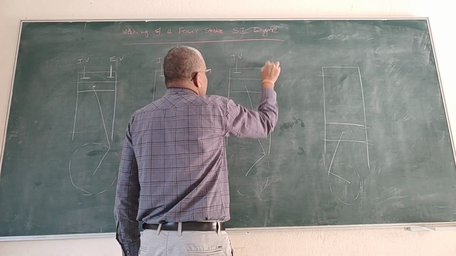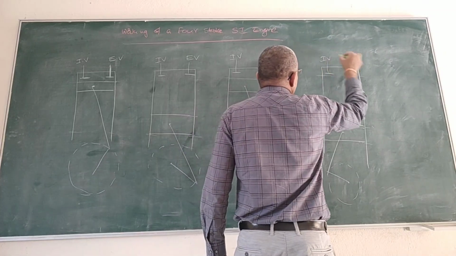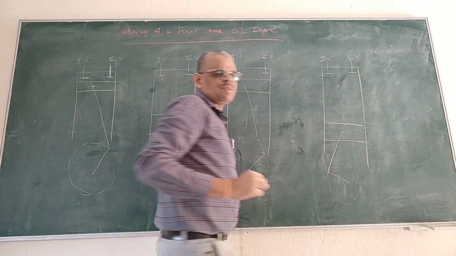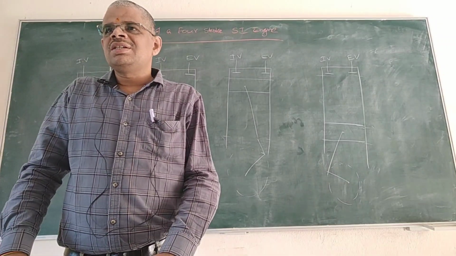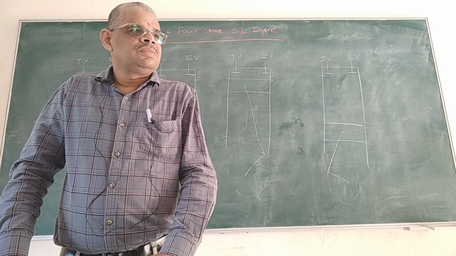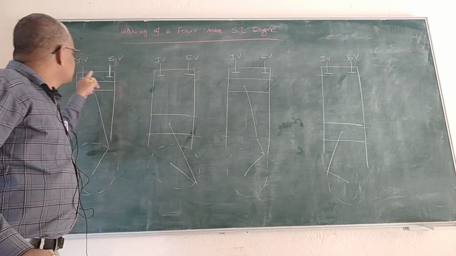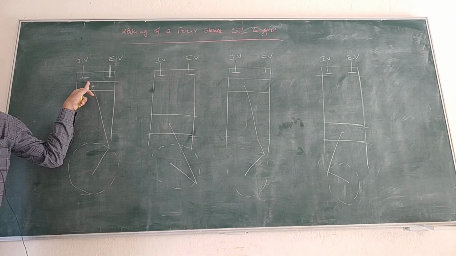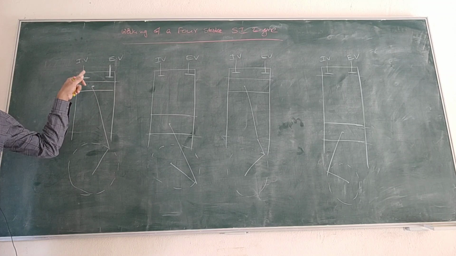So what is the purpose of inlet valve? Tell me. What is the purpose of inlet valve? Inlet means the fuel along with air, the charge, enters into the combustion chamber through this inlet valve. So the fuel from a petrol tank will enter into the cylinder through this inlet valve only.